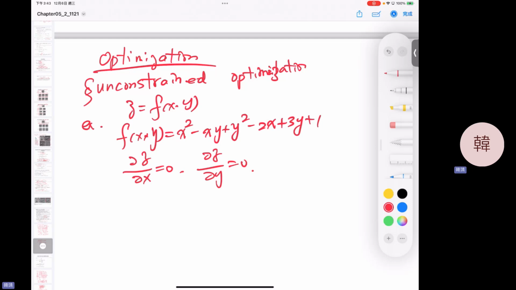If you just look at the equation, you don't know whether the optimal value is a maximum or a minimum, because they are all extreme values. Sometimes the optimal value doesn't exist, because in different directions they have different shapes. So we call it a saddle point, like the saddle when you ride a horse, right? In the x direction it's a minimum, but in the y direction it's a maximum.